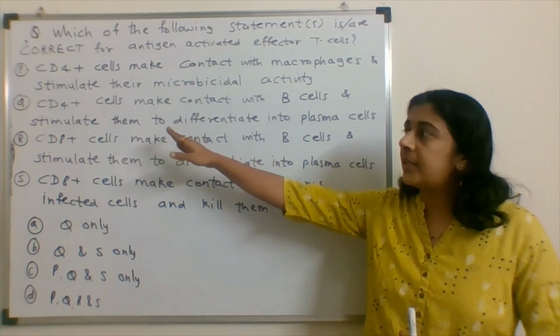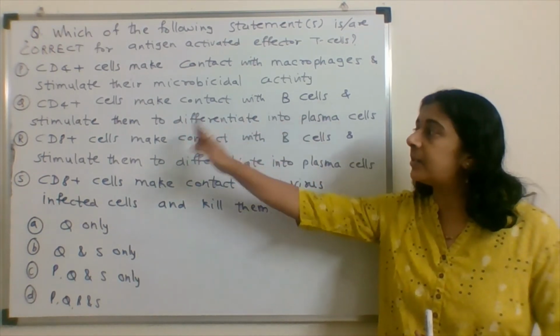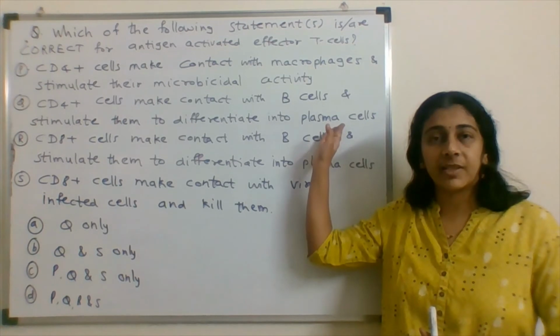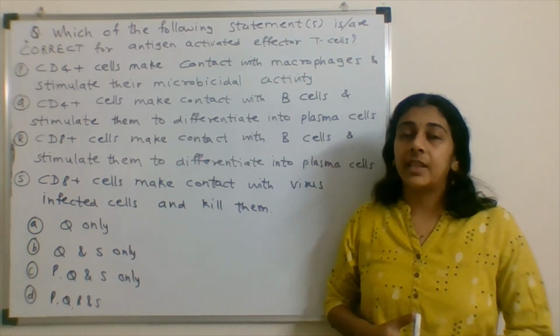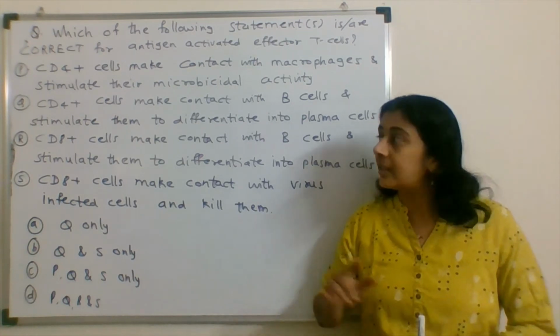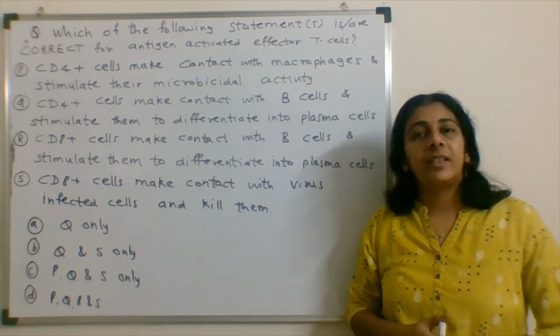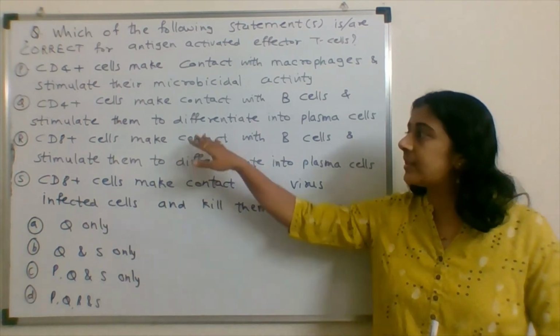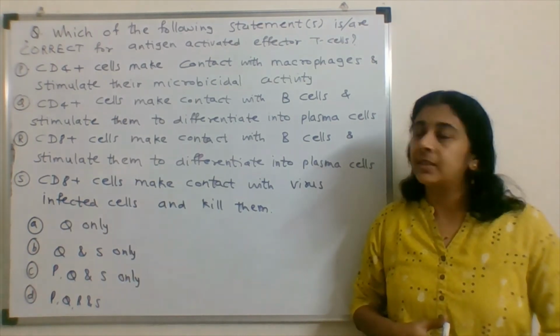Then second statement, CD4 plus cells make contact with B cells and stimulate them to differentiate into plasma cells. This also we have seen that once T helper cells get activated, that is nothing but CD4 plus cells, they will activate B cell lineages also. So this second statement also becomes a correct statement.